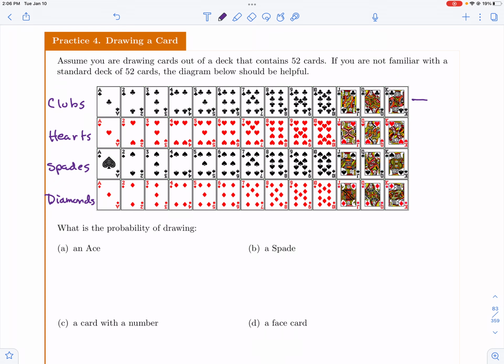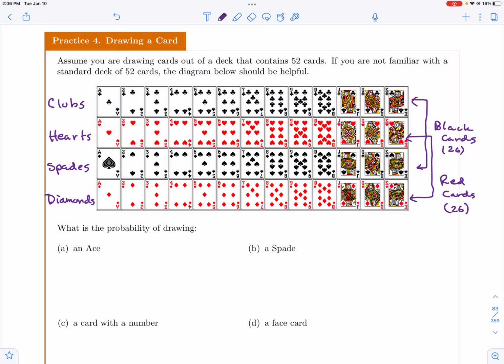So these two obviously make up our black cards. And if we count them up, there are 26 black cards, for example. And these two together make up our red cards. And again, there are 26 of each of those.